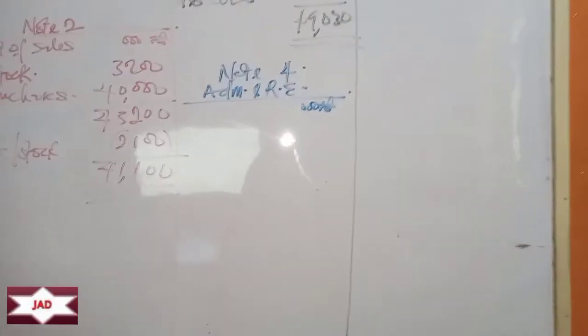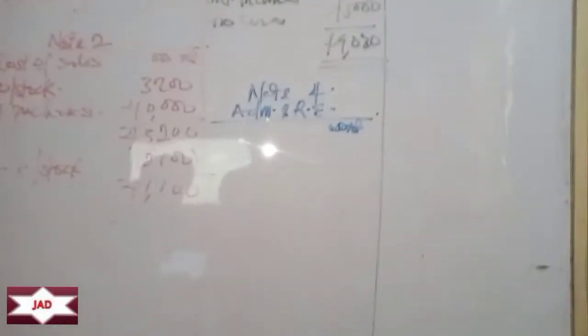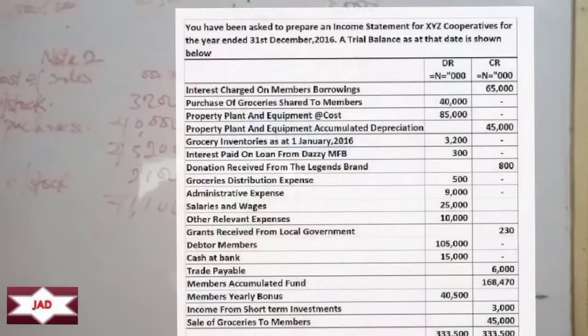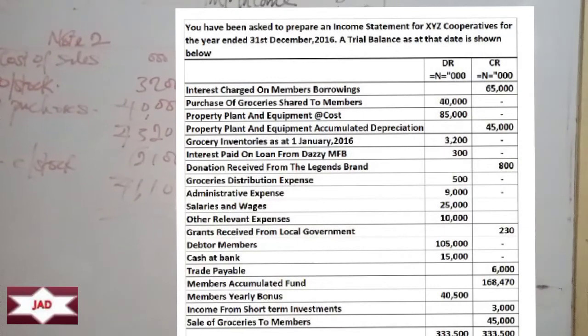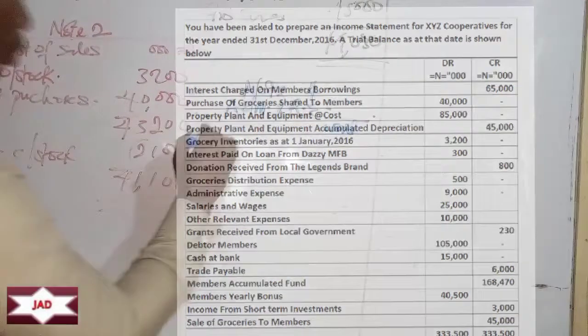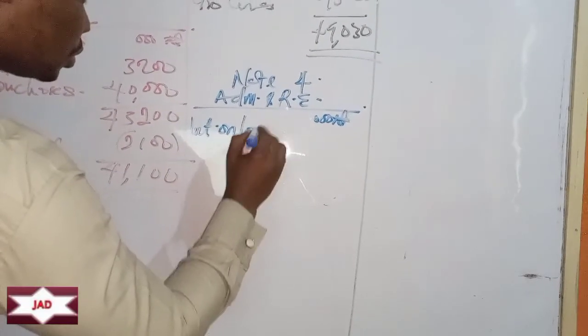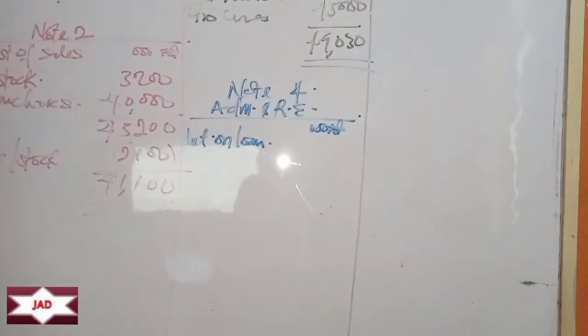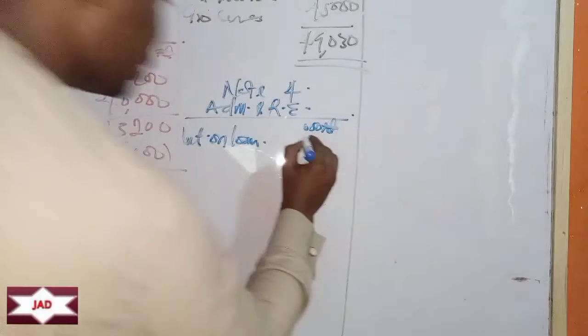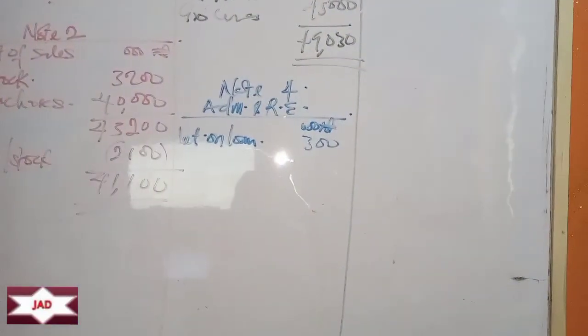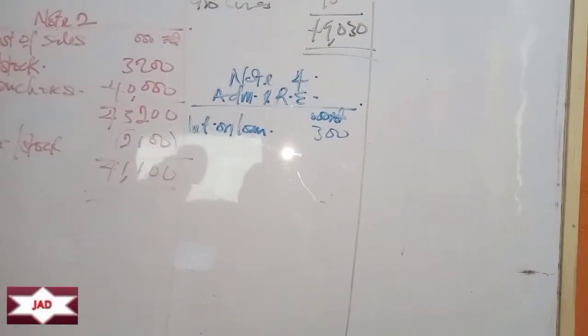So let's go. What are the items there? What I can see here is interest paid on loan from Dazi MFB. So we have interest on loan. What do I have there? 300,000. So that's 300. So what's the next one there?